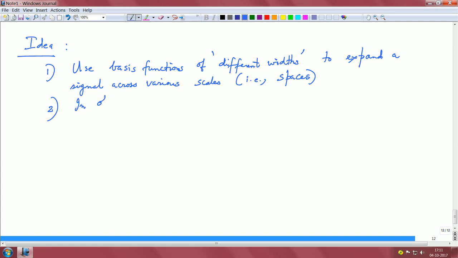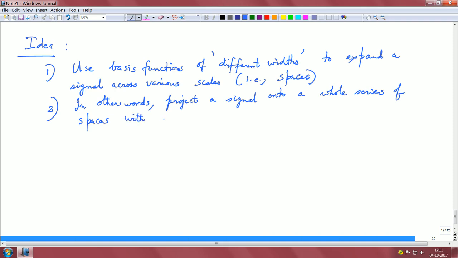So, what we mean, in other words, is to project a signal onto a whole series of signal spaces with different resolution.